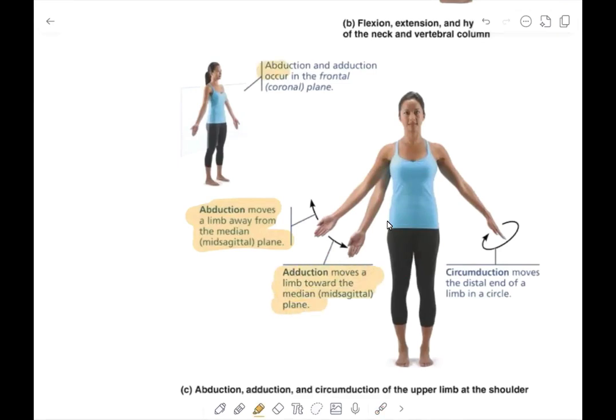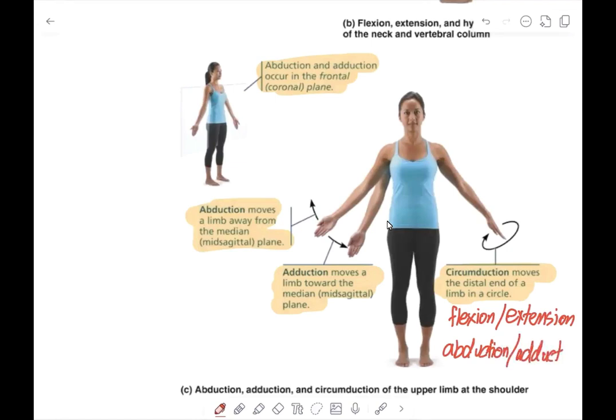So abduction, adduction occur in the frontal or the coronal plane. And then circumduction is the combination of all of these. So it's the combination of flexion, extension, and it's also the combination of abduction and adduction. So it's almost like making a complete cone with the limb.